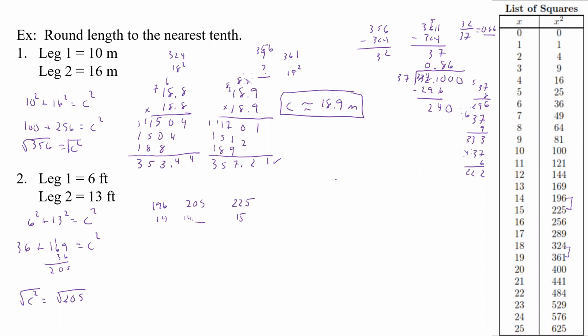All right, so if we take our 205 minus 196, that's going to be a 1, that's going to be a 9. So then we have 15 minus 6 is going to be a 9. And then we have 225 minus 196. So that's going to be a 1, that's going to be 11, that's going to be 15, so that's going to be a 9, that's going to be a 2.